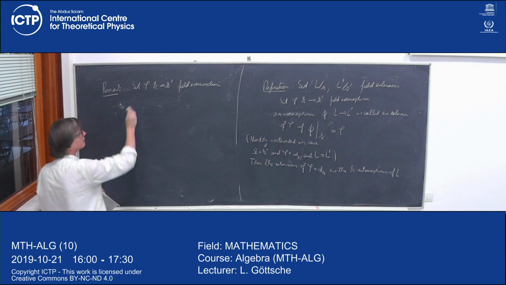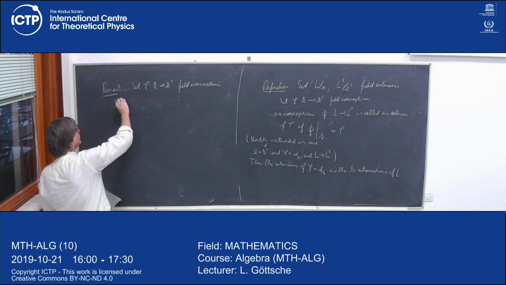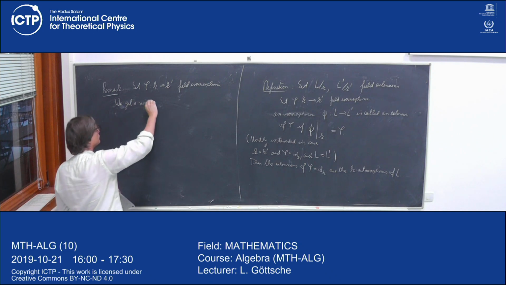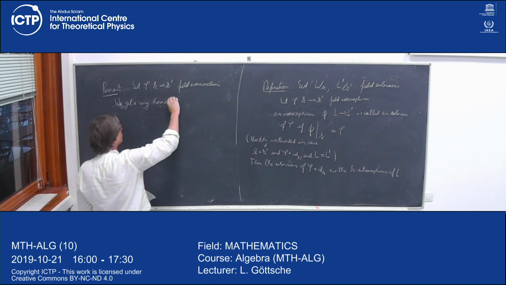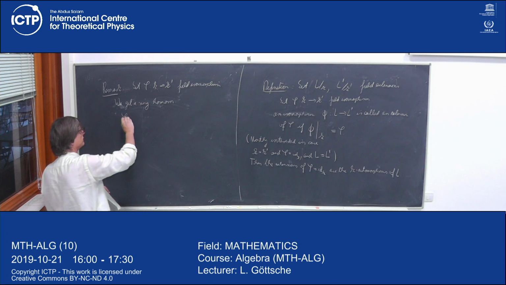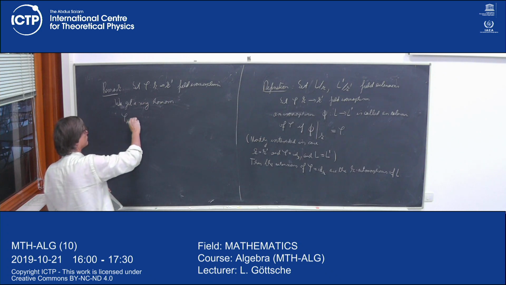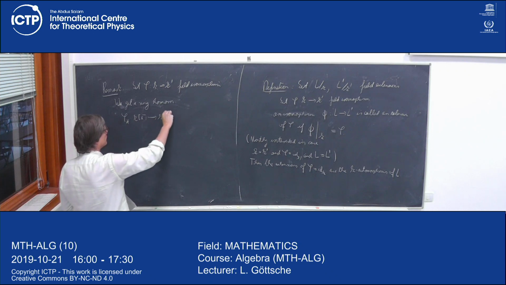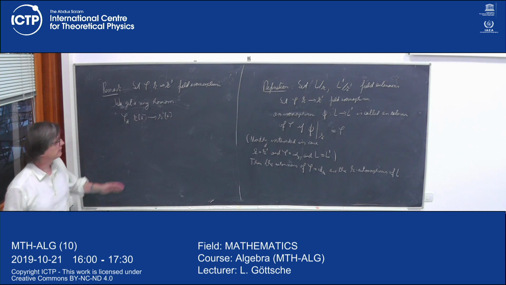Then we get a ring homomorphism, which I may call phi lower star, from k[x] to k prime[x], by just applying this field isomorphism to the coefficients.